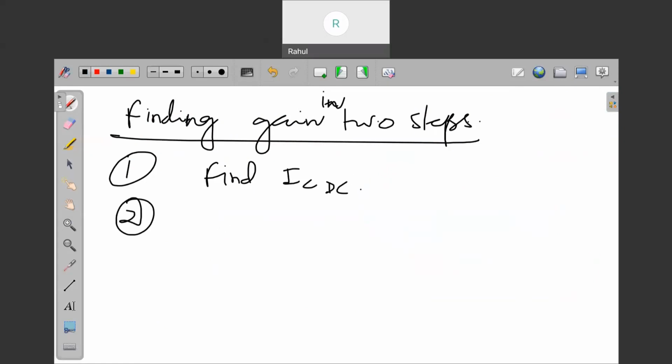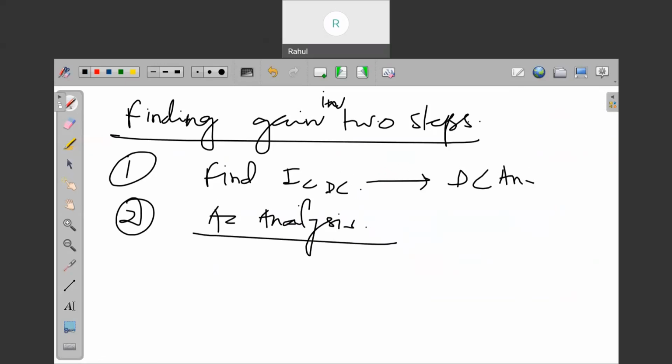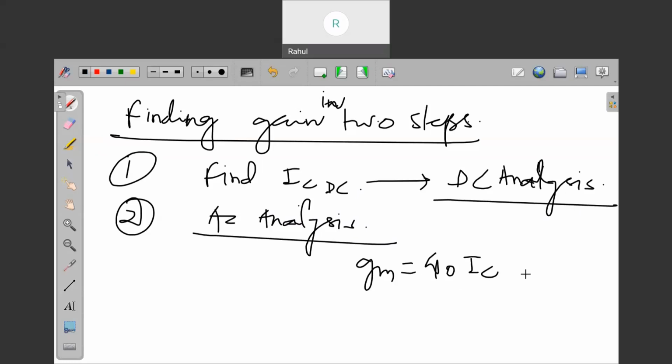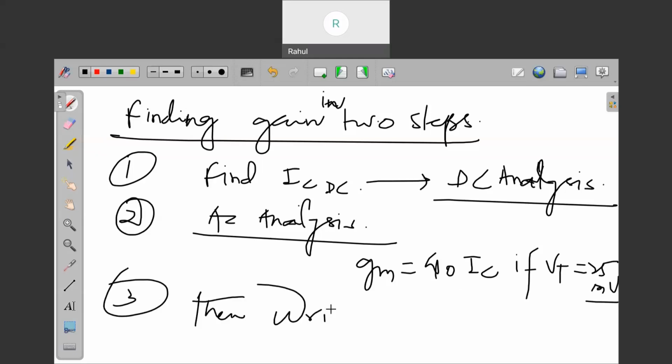Then comes the AC analysis, which means gm equal to 40 times IC, if VT is 25 millivolts. Then directly write the gain, as discussed, and numerically we will get everything.